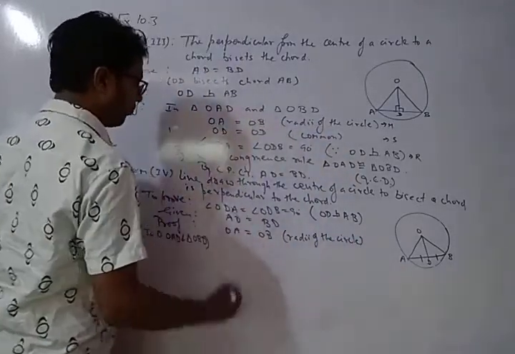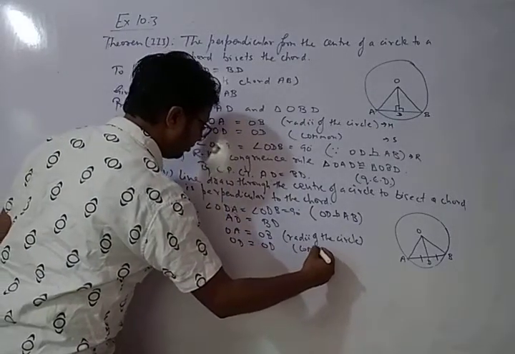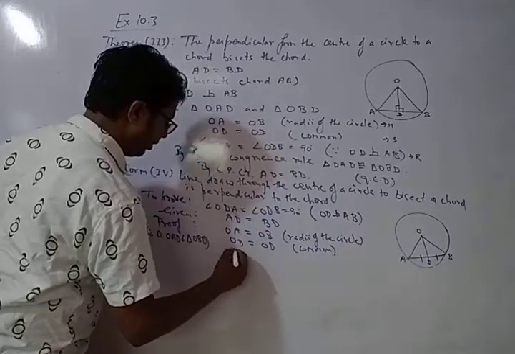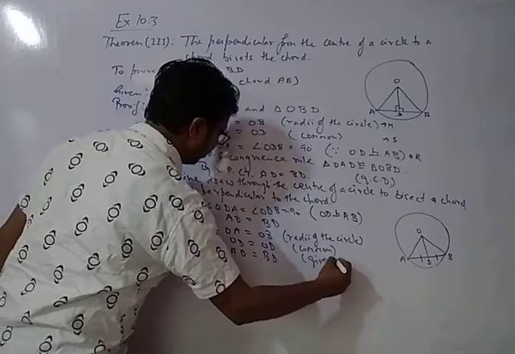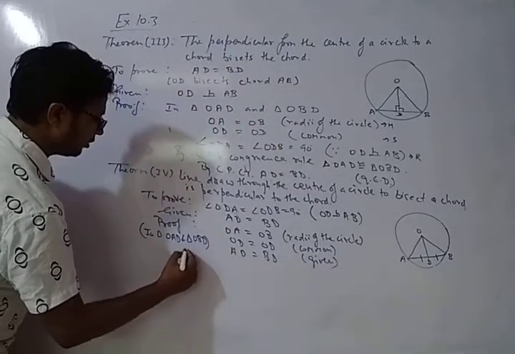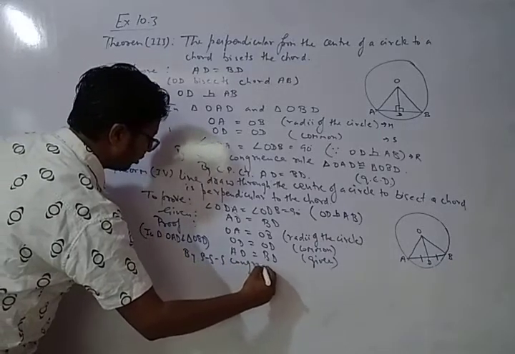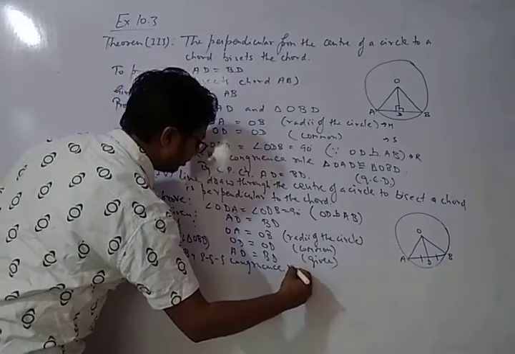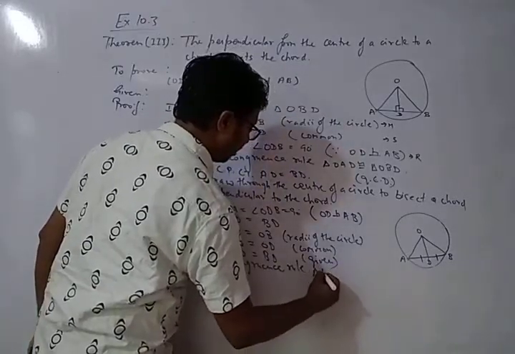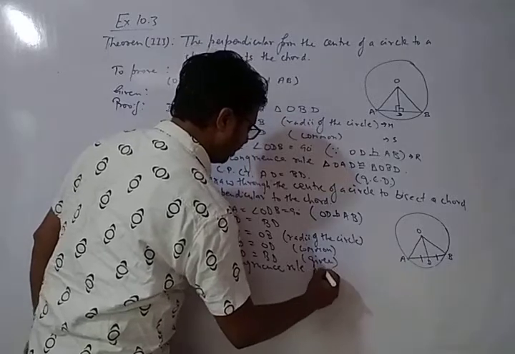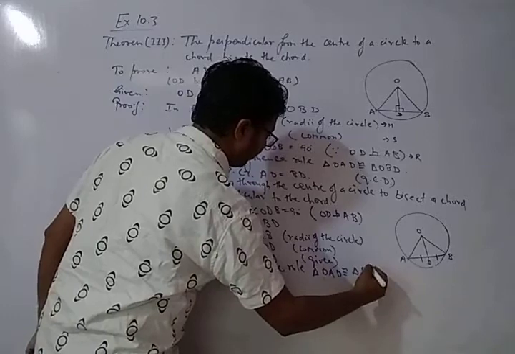Clear about it? OD is equal to OD, common, and AD is equal to BD, that is given. So by which congruency rule will we apply? By SSS congruency rule, triangles are congruent. Triangle OAD is congruent to triangle OBD.